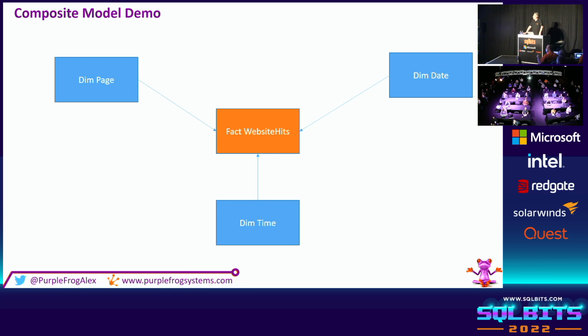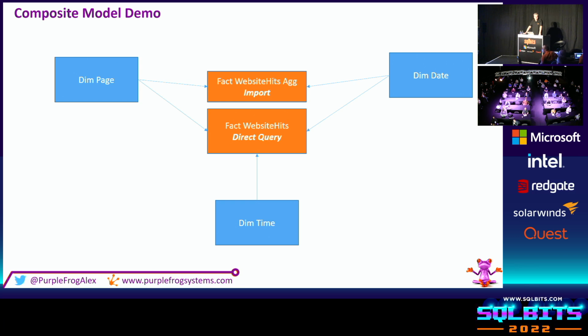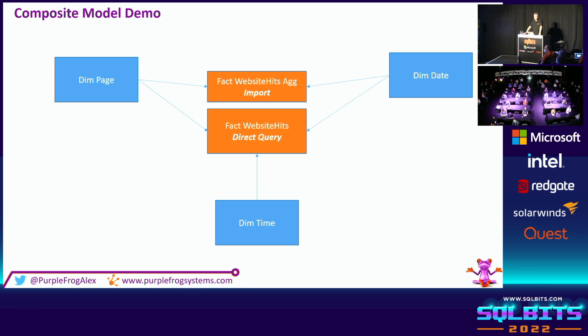So what we can do is add another table of an aggregated set of data that aggregates our source fact table from our data warehouse or data lake, that groups it up to one row per page per date. And then we can store the aggregated data in there. We still have our other table in direct query, which links to our time table as well.